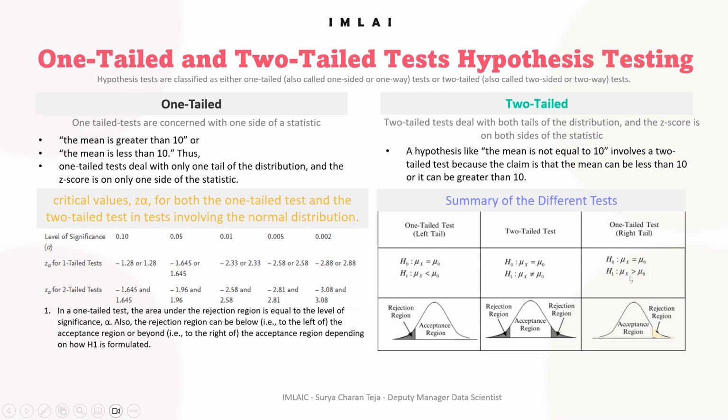And if your alternate hypothesis is the average life of light bulb will be greater than 2 months, then we have to use a right tail test. And here the rejection region is right side of the acceptance region.